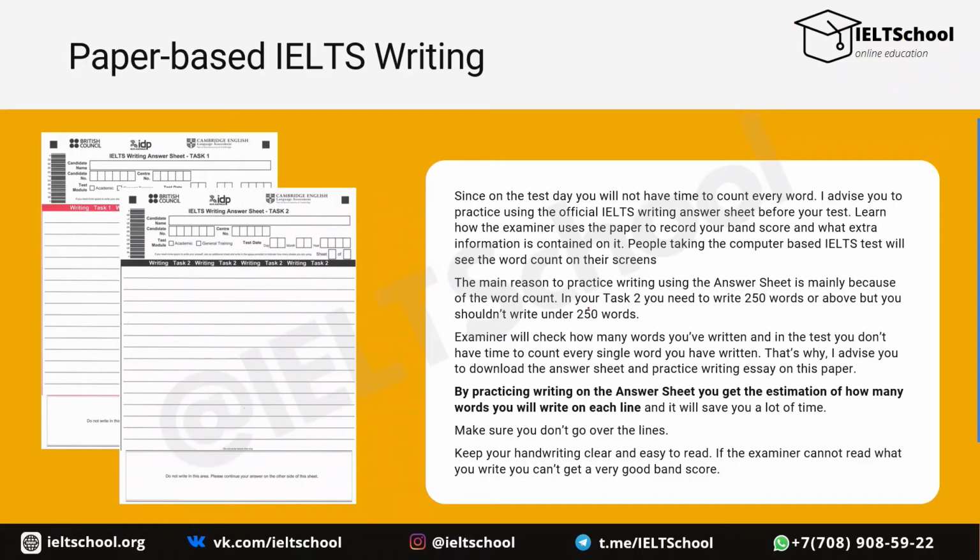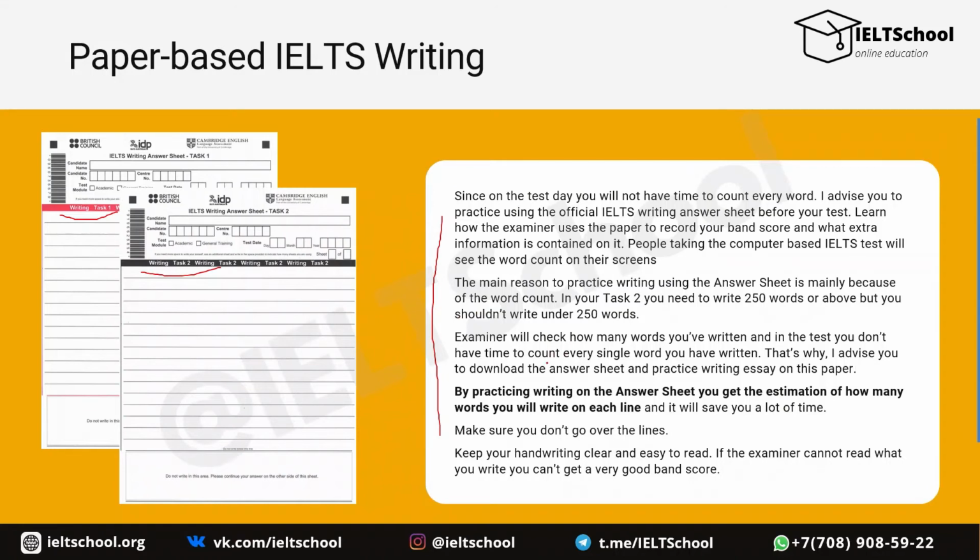And if you're taking paper-based IELTS, then you'll be given this kind of answer sheet. So for writing task 1 there's an answer sheet, and for writing task 2. Look at the useful information.